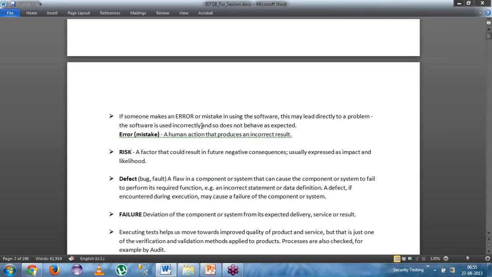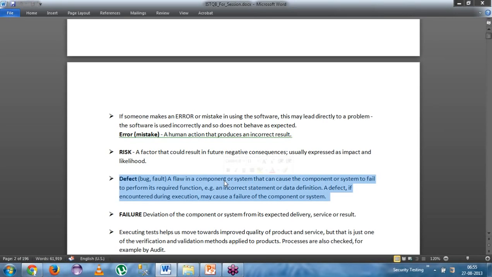But what does a failure mean? A failure happens after delivering the system to the end users. So there are three different terminologies around the same area. First is the error, second is the defect, third is the failure. The error is the problem we make, a human action that produces an incorrect result.